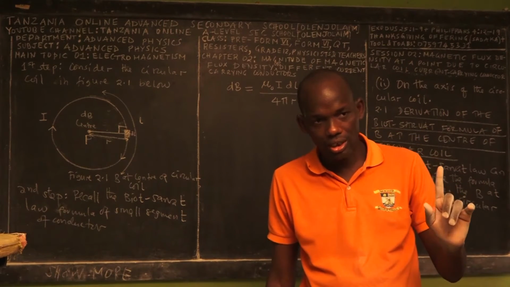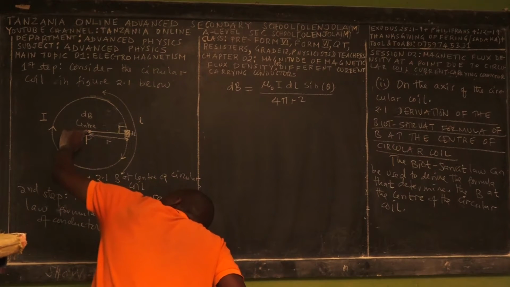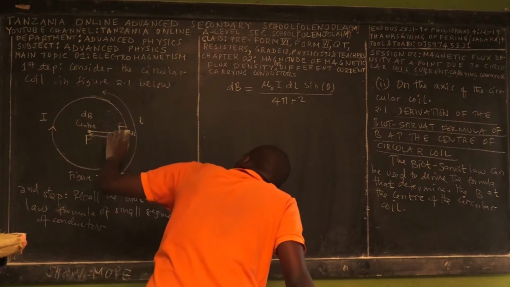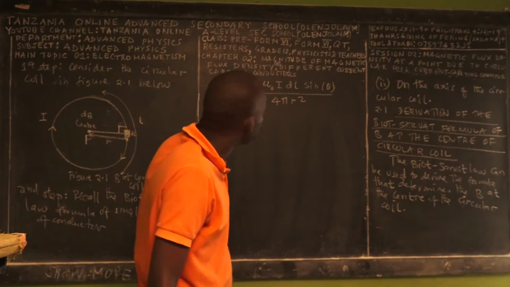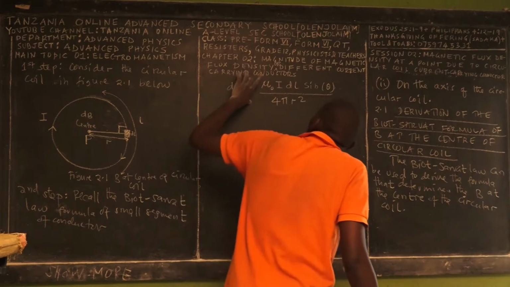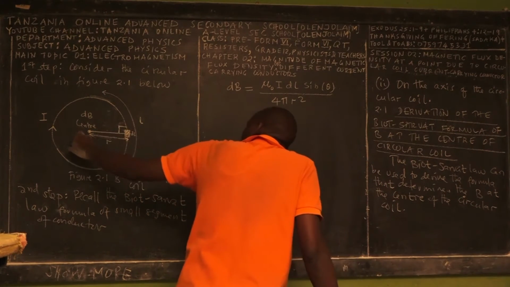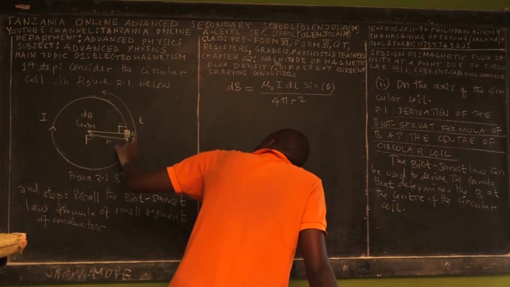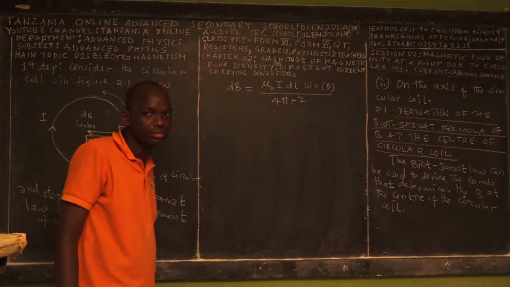We want the magnetic flux density at the center due to every part of the coil. This formula gives the magnitude of magnetic flux density at the point due to the small segment dl.